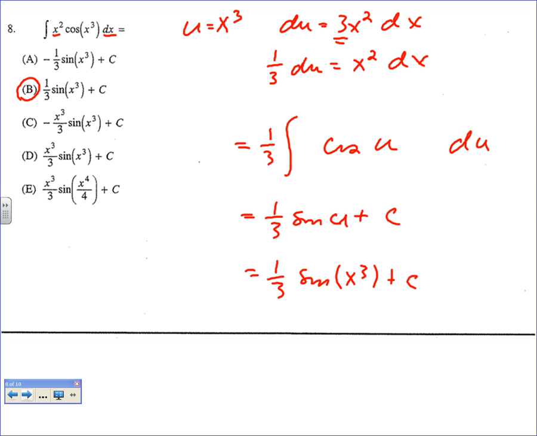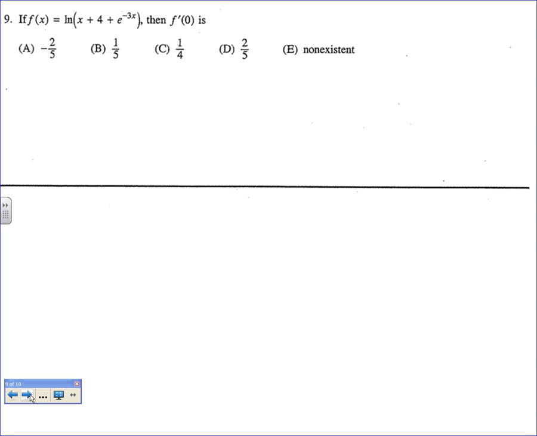Number 9 is asking us to find the derivative at 0. The derivative f prime would equal, with the natural log, 1 over whatever you've got, so 1 over x plus 4 plus e to the negative 3x, times the derivative of that inside.